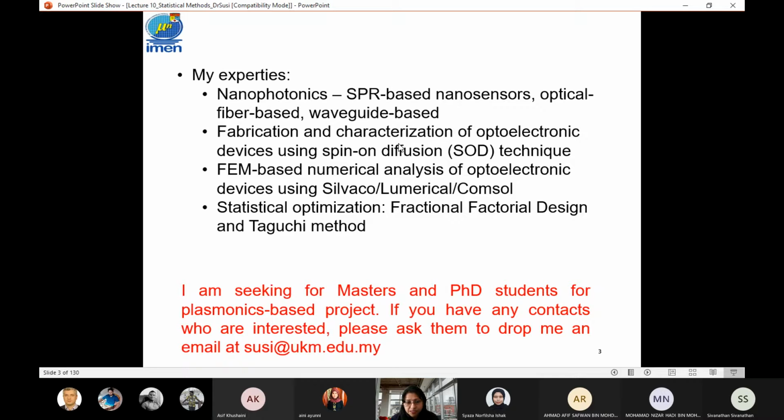I also have expertise in fabrication and characterization of optoelectronic devices using the spin-on diffusion technique. Also FEM-based numerical analysis, for Silvaco, Lumerical and also COMSOL. COMSOL is mostly on electrochemical effects, not on the device per se, but on the electrochemical effect. Also in statistical optimization, fractional factorial design, and also the Taguchi method.